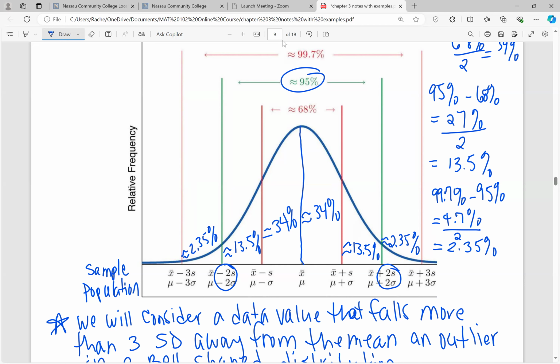And then last, these teeny tiny areas out here where I'm shading in these tails where we go beyond 3 standard deviations from the mean, they're each going to be 0.15%. And the reason is, so let me get rid of this. We don't need this anymore.